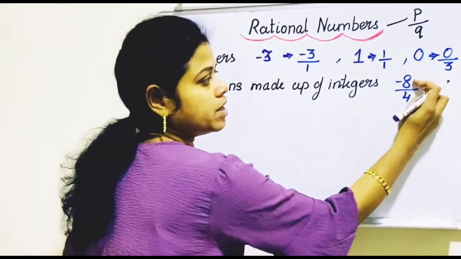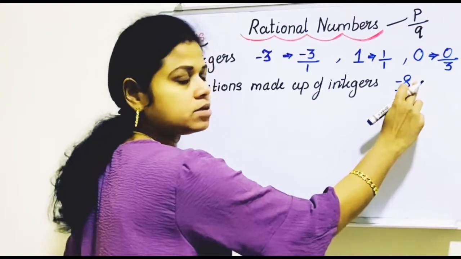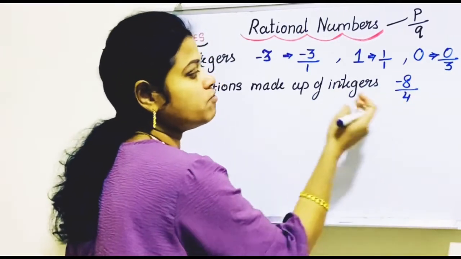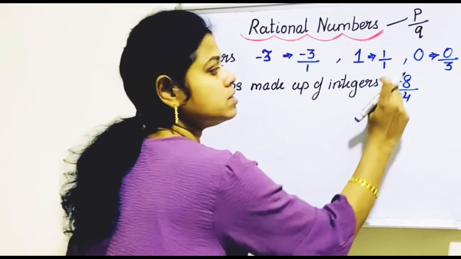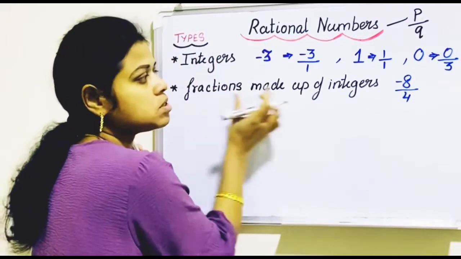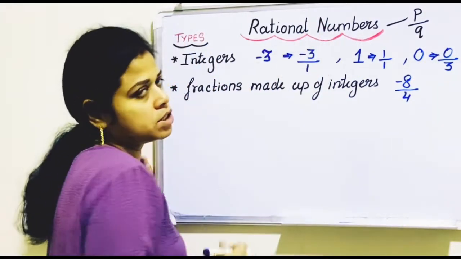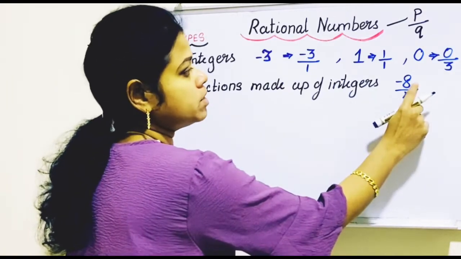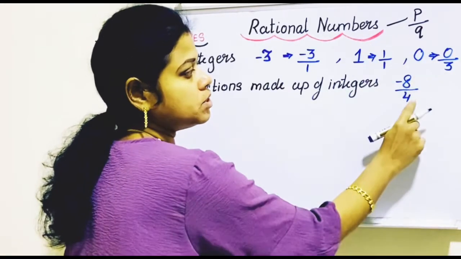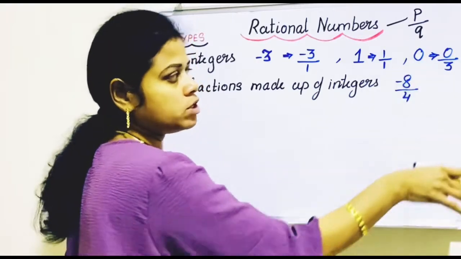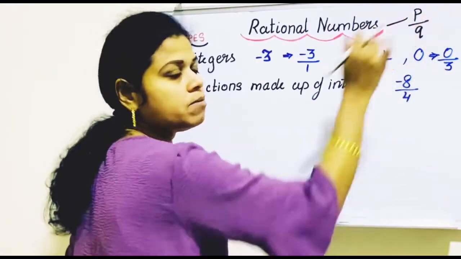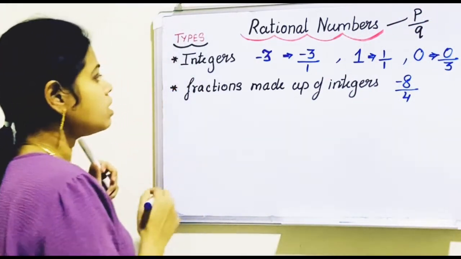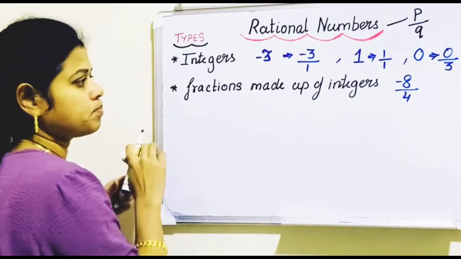The numerator minus 8 is an integer, the denominator 4 is an integer, and this is a fraction. So the fractions made up of integers are also rational numbers. Here the numerator is an integer, the denominator is an integer, and the denominator is not equal to 0, hence it is a rational number.